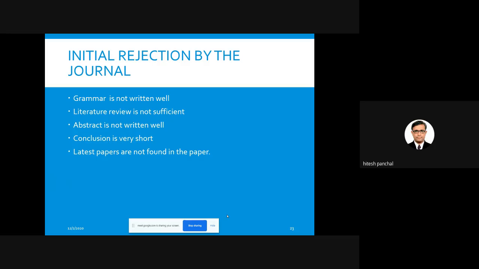That is why, if you want to publish your article, you should keep in mind that your grammar should be written well. Your literature review should be sufficient. Maximum 25 to 30 papers must be there in the literature review. Your abstract should be written well and concise, not more than 500 words.